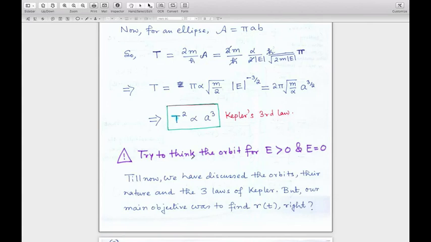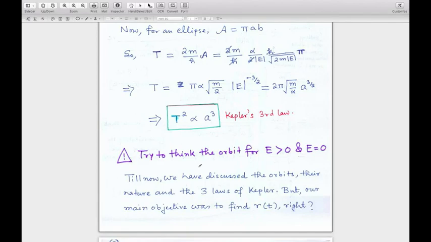E is equal to 0 means the total kinetic energy, that means in our language the radial kinetic energy plus the centrifugal potential energy or the cross radial kinetic energy, will be exactly balanced by the minus alpha by r term. So just think and check over the internet, or you can ask me as well.